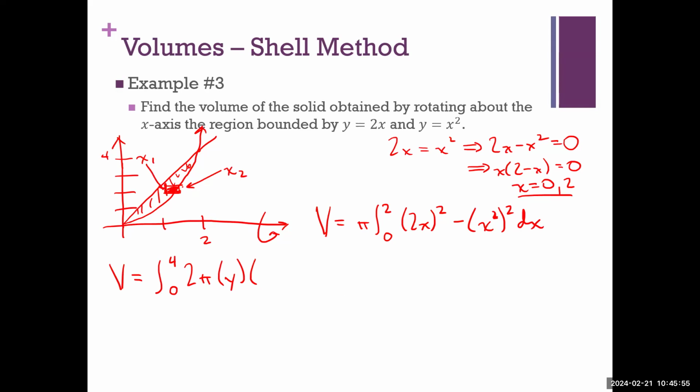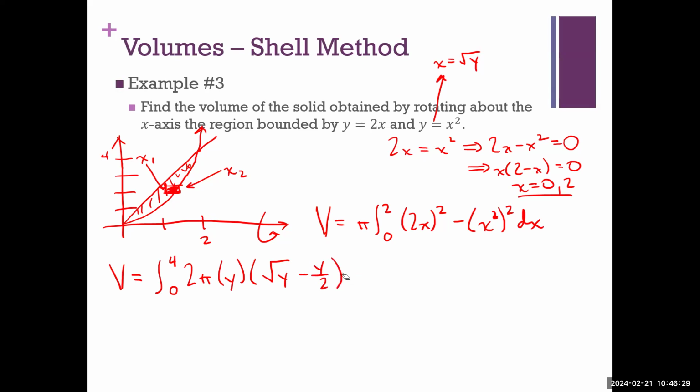So basically it's the x value from the curve minus the x value from the line. So it should be square root of y. How come? You're solving for x, right, so x equals radical y, minus y over 2.